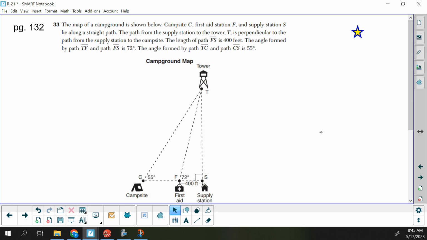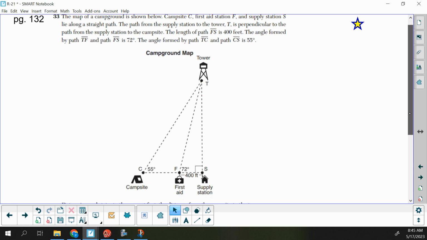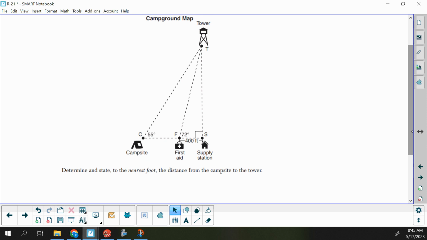We have 72 degrees for the angle formed by the path, and the angle formed for TC and CS is 55. Everything is already labeled in the picture. We want to find the distance from the campsite to the tower, which would be this distance right here.